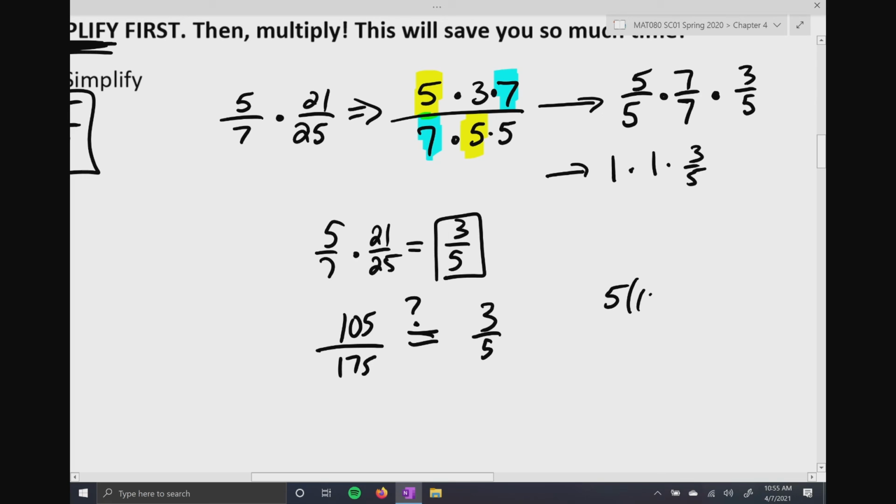There we go. So if I were to cross multiply, and then go ahead and multiply them out. So 5 times 105 is 525. And 3 times 175 is also 525. Could you imagine trying to simplify the fraction 105 divided by 175?